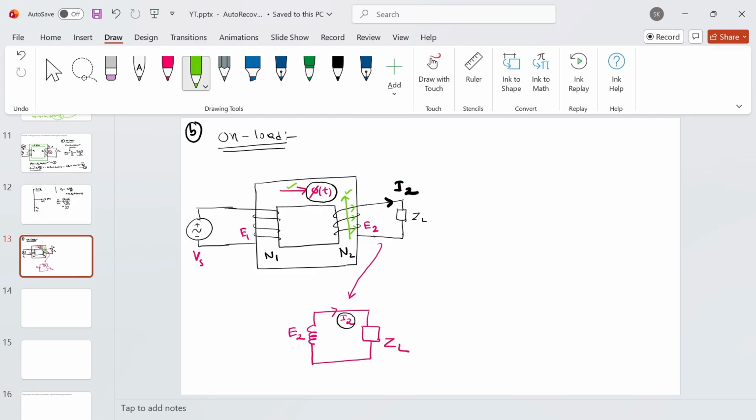And if you see this particular current direction, if my I2 is flowing through the ZL, it is simply plus on one side and minus on the other. So basically your plus polarity will come here and negative polarity will come here. So this is how the polarity will get induced in case of loaded condition. This is the entire scenario: you will have a current, and that current will oppose the main core flux.